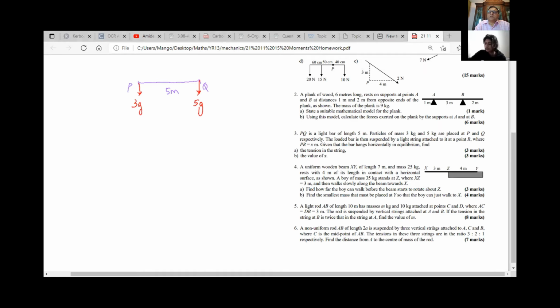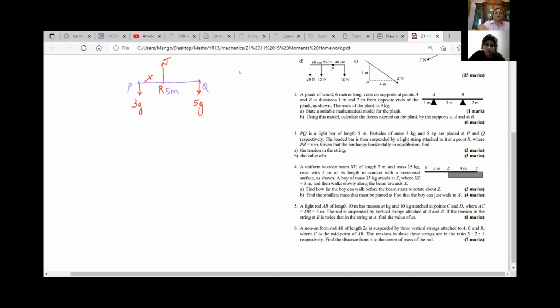The loaded bar is then suspended by a light string attached to it at a point R, where PR is x. So this is the string at R, and this distance is given to us as x. You need to find the tension in this string. So let's call this T, tension. Now, how will you solve it?